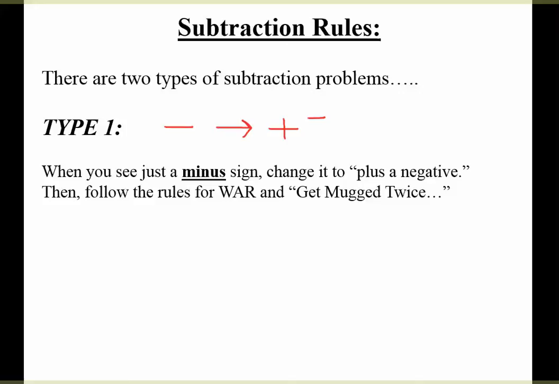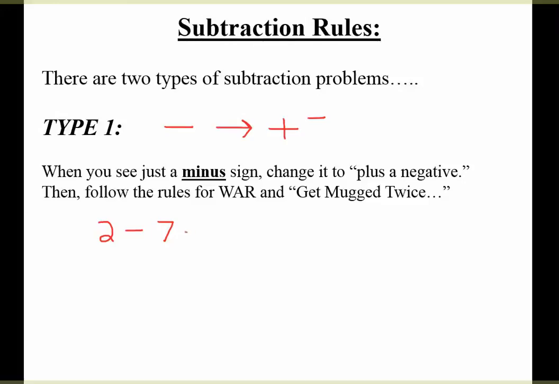So let's go ahead and practice some type 1 problems together. And if you want, feel free to pause and answer these on your own. Maybe the first one we can do is something as simple as 2 minus 7. Okay, and if you want to copy these down on your paper, go ahead and do so now. That would probably be a good idea. 2 minus 7.